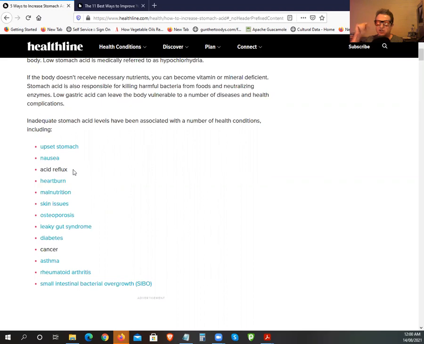And when you don't close the sphincter, you get this gassing into the esophagus, and that's what acid reflux is. So it's basically a dysfunctional stomach that's not producing enough stomach acid, the gastric juices that are required to break down foods.